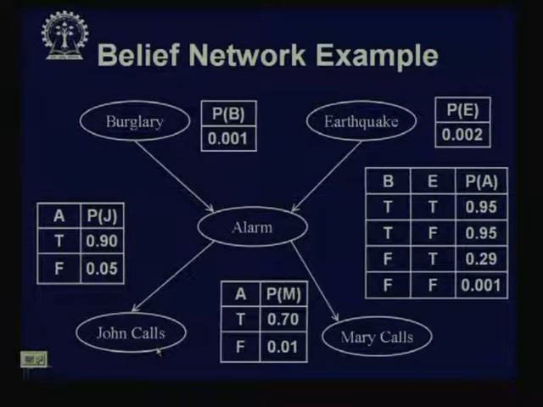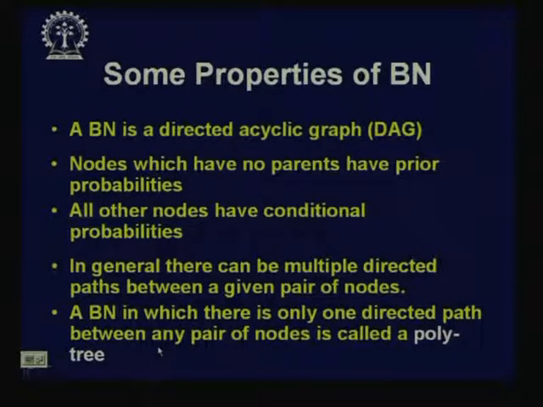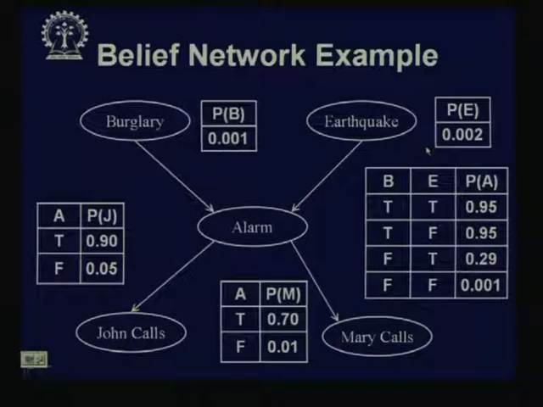Now, let us quickly look at some of the properties of the belief network. As we have seen, a belief network is a directed acyclic graph, or in short DAG. There is no cycle in the graph, as you have seen here. Because in that case there will be a problem; it will be much more difficult to handle.